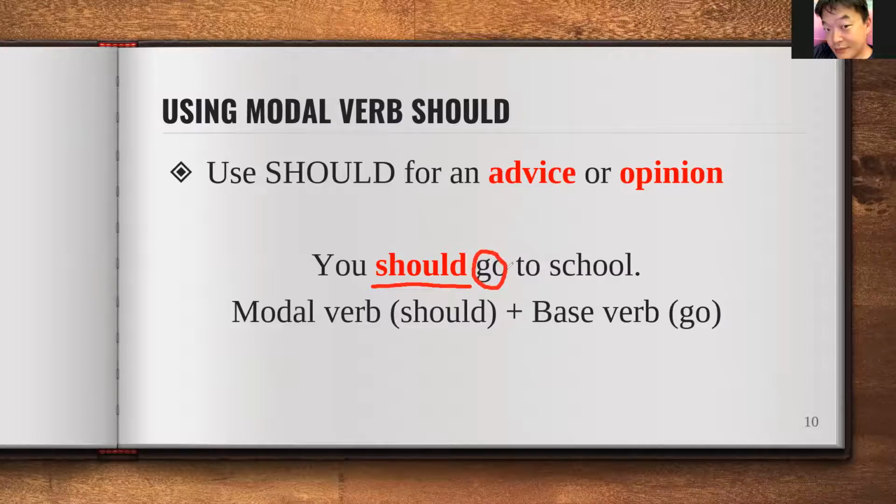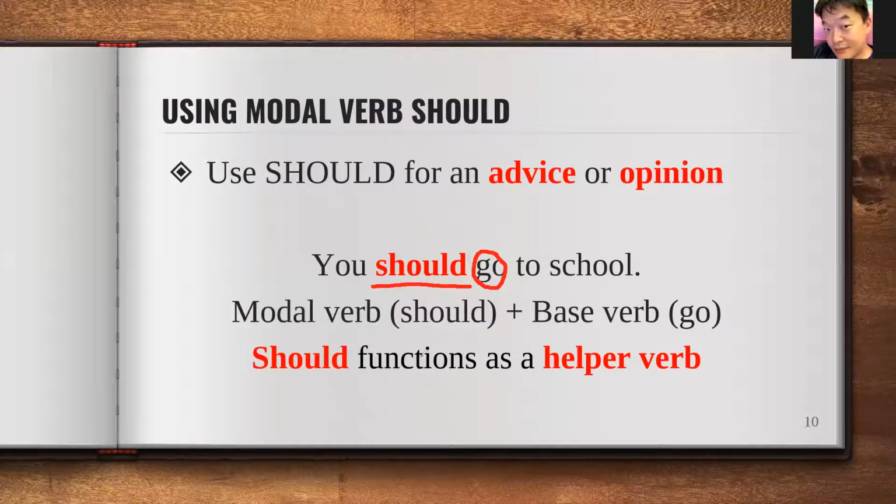This is important because you have to use should as a helper verb. This is very important for you to understand. Should functions as a helper verb. What does it mean? It means that when you are doing the interrogative form and the negative form, you don't use any other helper verb. You just use should. Okay?